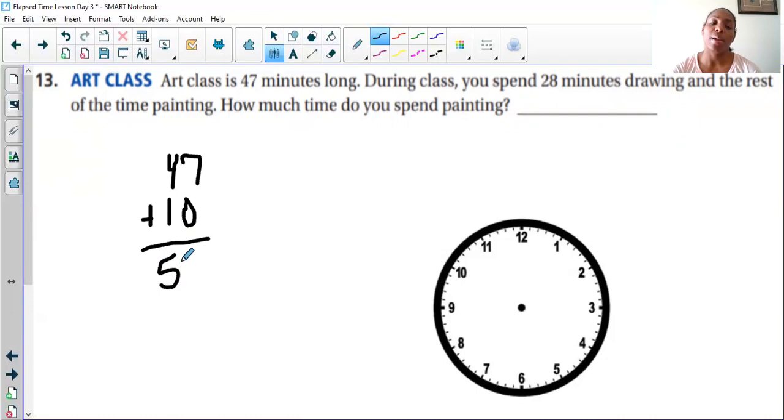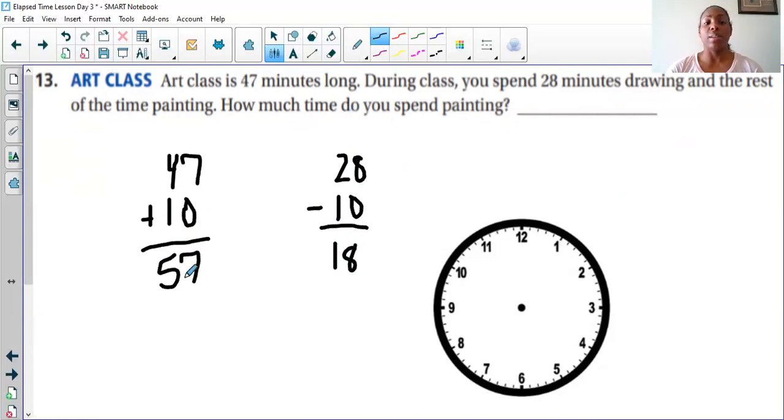Now, if I know my math correctly, there are 60 minutes within an hour. So I need, and I'm sorry, I forgot to do this over here, 28 minutes, and I subtract 10 from this 28, because I remember I'm taking the time from this 28. So now I have 18 minutes.